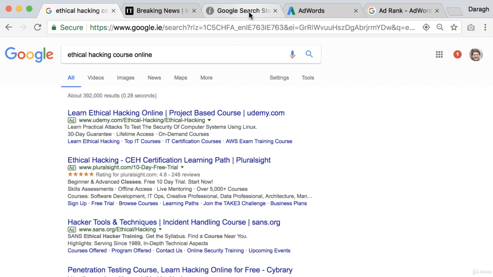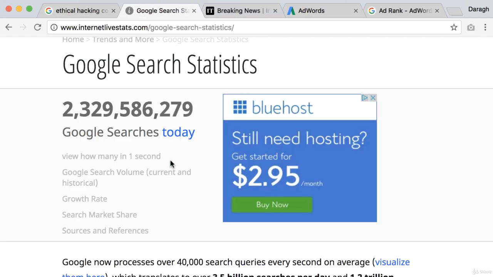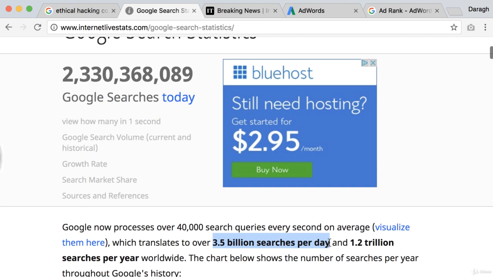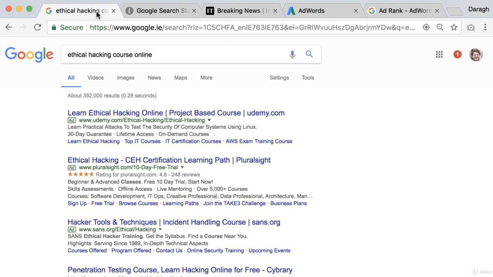And if you want to get a sense of how many advertising slots they've got, you can see on this Internet Live Stats website that Google gets over 3.5 billion searches per day. This is a live counter of it here. So if there's 3.5 billion searches, a lot of those terms can have advertising space sold for them.